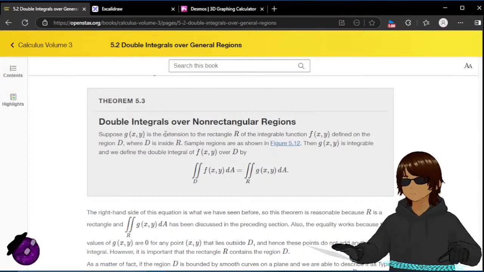Suppose g of (x, y) is an extension to the rectangle R of the integrable function f of (x, y) defined on the region D, where D is inside R. Sample regions are shown in figure 5.12. Then g of (x, y) is integrable, and we define the double integral of f of (x, y) over D by this.